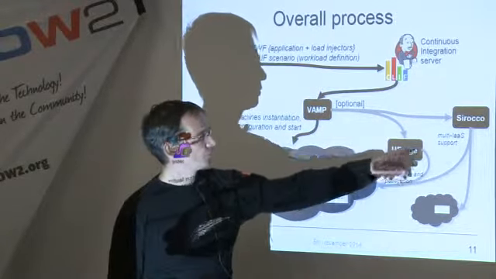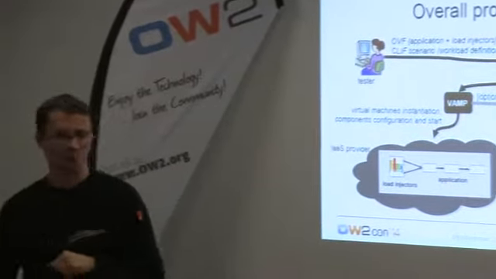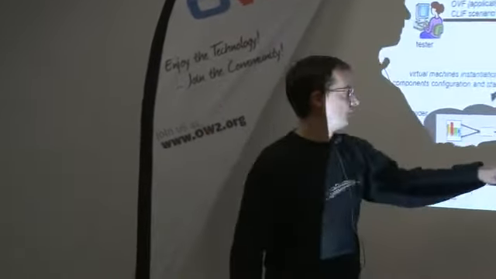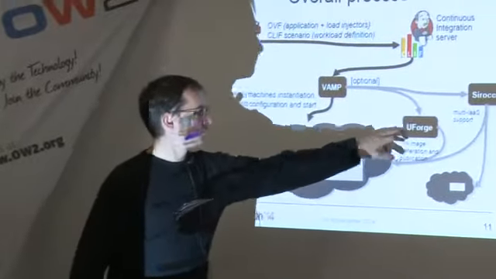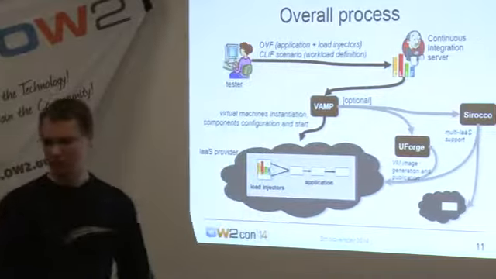And if you want to enable the virtual image generation and publication to the IaaS, you will have to include, it's just a matter of configuration of VAMP, the uForge utility. Okay, now we are going for a demonstration of this.